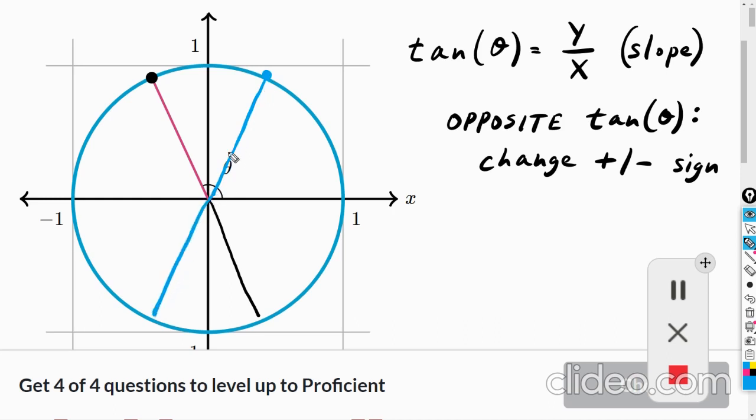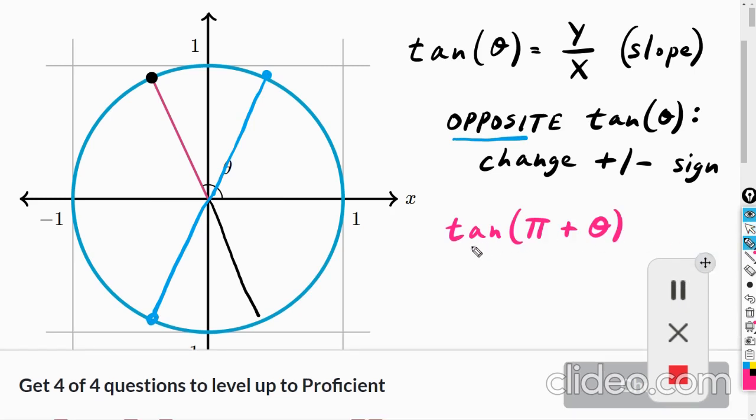The line would be the same steepness, but instead of a negative slope, it would be a positive slope. So the ones for the opposite of the tan of theta, it would be this one right here. Or if you went almost all the way around, it would be that one there as well. So anything that lands here or here is going to be the opposite of the tan of theta.